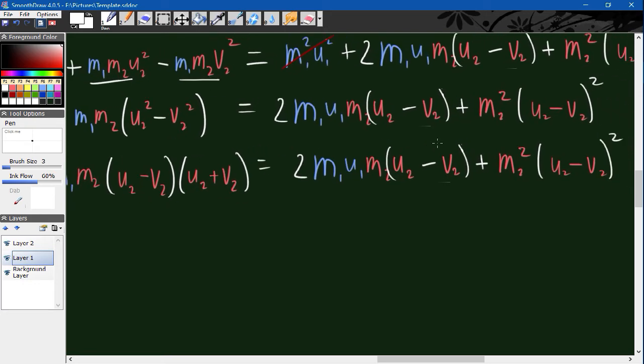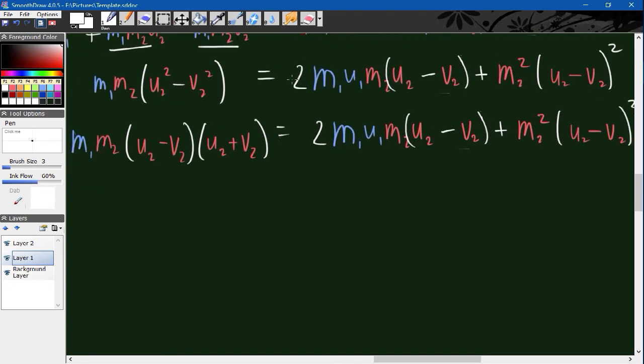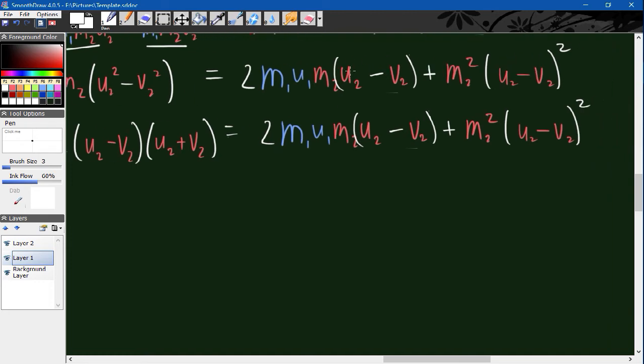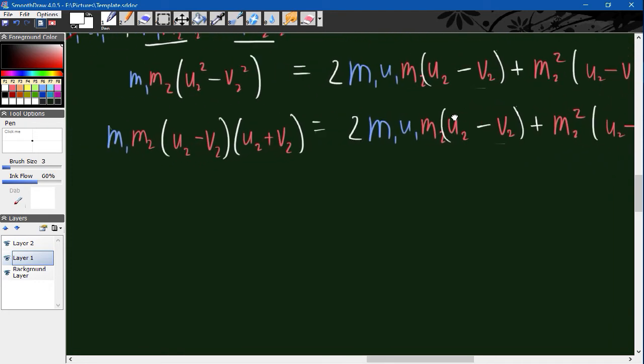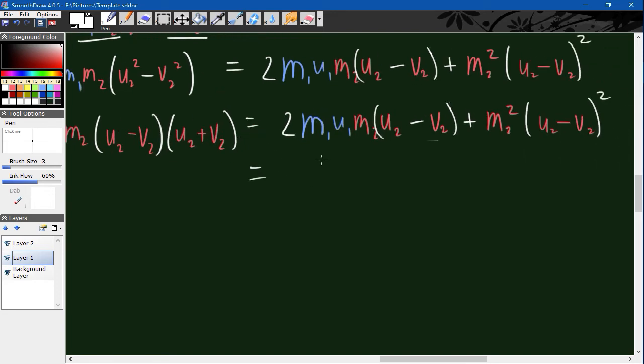You could factor out the u2 minus v2 term out of all of these. So it's going to be, oh boy, this is going to be painful to look at. M2, u2 minus v2.